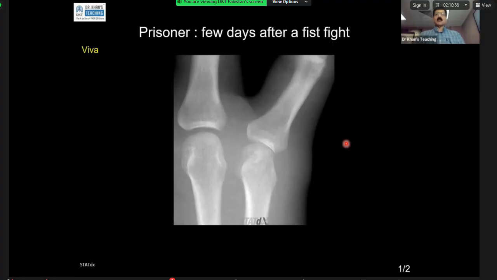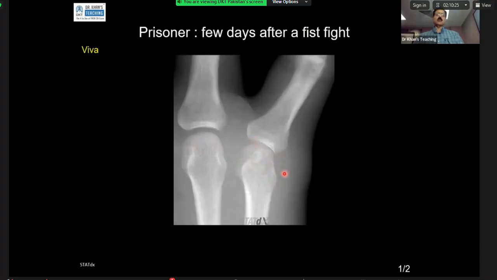The saliva of the other person is what will cause this, and the rate of infection is quite high in this kind of scenario. If you see here, there is loss of definition of the head of the metacarpal. One can argue that there might be subtle erosion here. With that, there is loss of joint space.